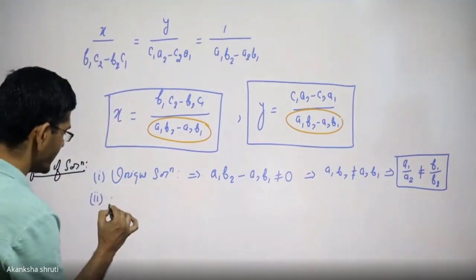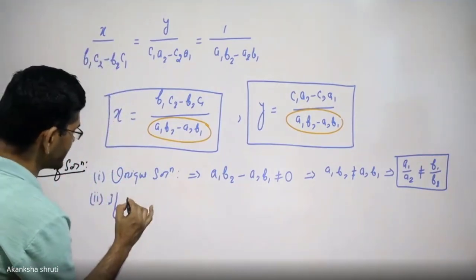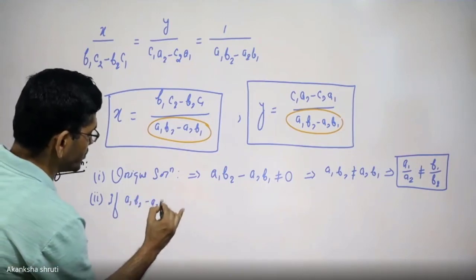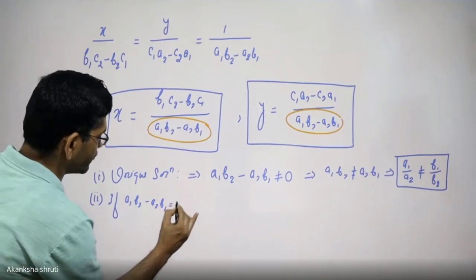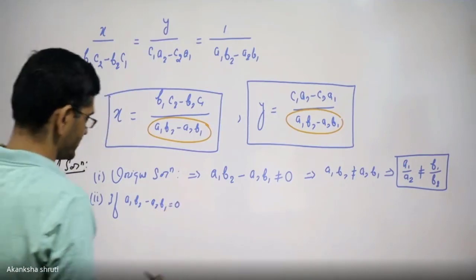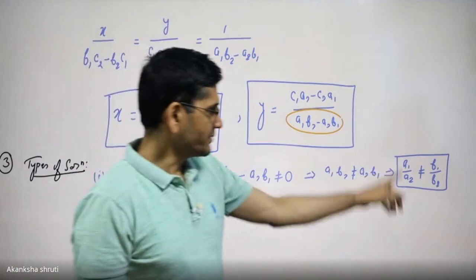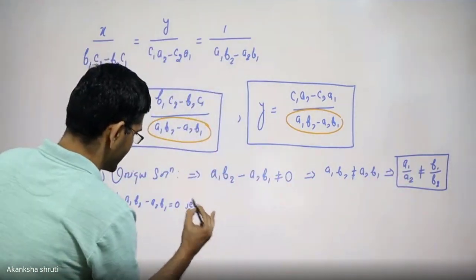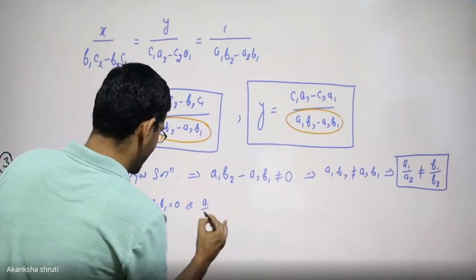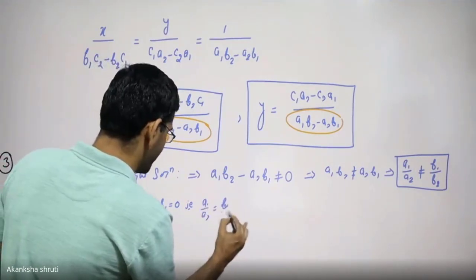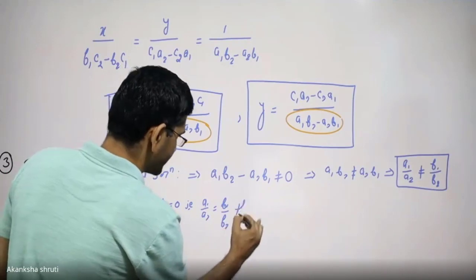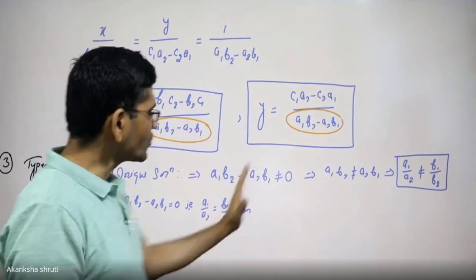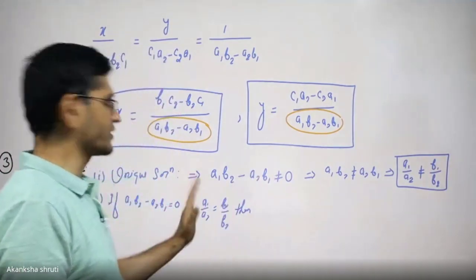But if this denominator a1 b2 minus a2 b1 is equal to 0, meaning rearranging this, a1 by a2 is equal to b1 by b2, then two situations arise, whether this is equal to c1 by c2 or not equal to.